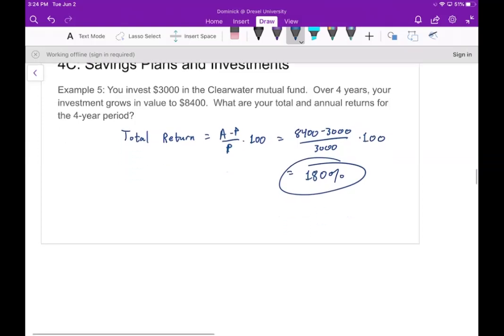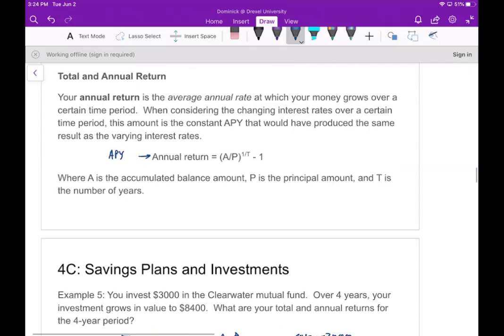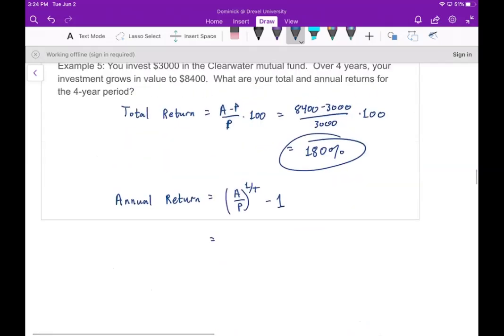Okay. Now, of course, this is a percentage increase. So you're increasing by almost 200%. Now, the annual return is our average interest rate that would have also worked. And that's where we have A over P to the 1 over T minus 1, right? So that's this formula here. So now to plug in this information, our A was 8,400 and our P was 3,000.